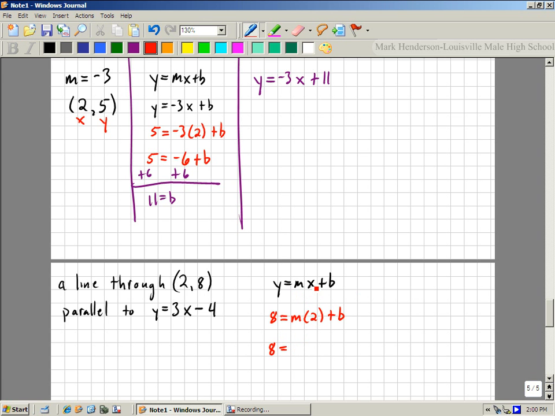Will I use the slope of the old line or the b of the old line? That's actually right. Why? Because remember, if I want something parallel to another line, it has the same slope as that line, right?